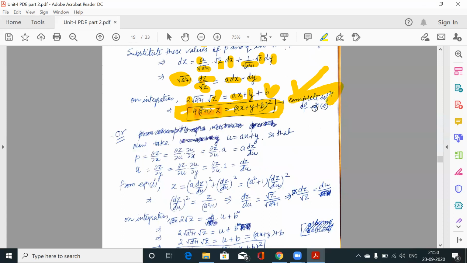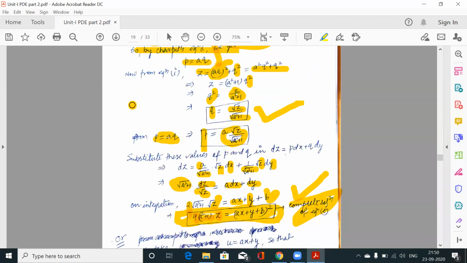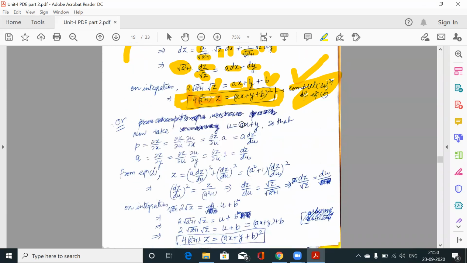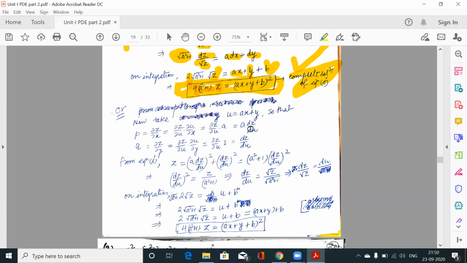Now I told you that we have two options to solve a standard form 2 question. One is using the Charpit equations directly, or we can use one substitution. If you remember, this is u is equal to either x plus ay or ax plus y. You can use any of the transformations, u is equal to ax plus y or u is equal to x plus ay. Why have I chosen ax plus y?